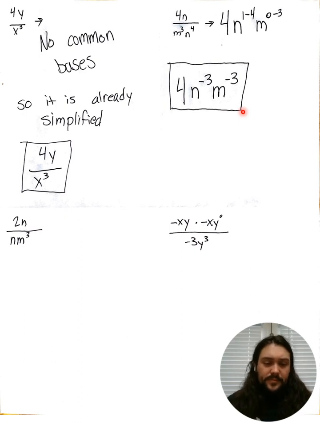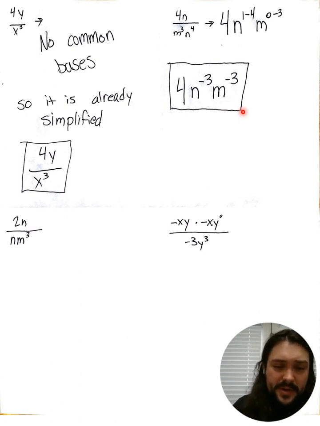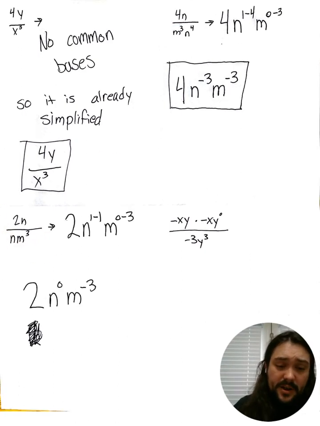Okay. I have 2n divided by nm cubed, or nm to the third. The 2 is my coefficient. There's no other coefficients, so I can just carry that over.